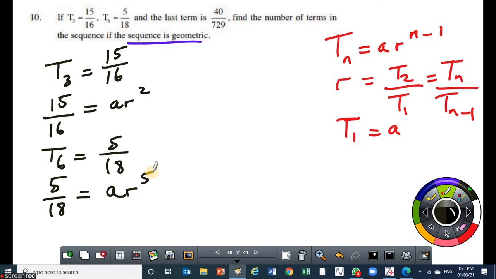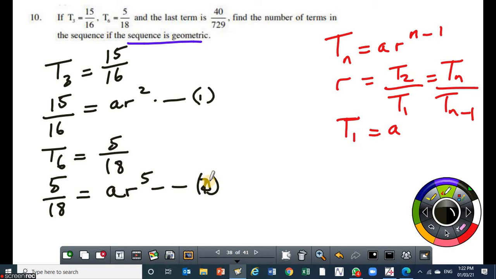Now, I can use those two equations, that is, this equation and that equation, to determine a and r. I'm going to show you a mathematical technique that you are not used to, but which is very common when you are dealing with the geometric sequence.